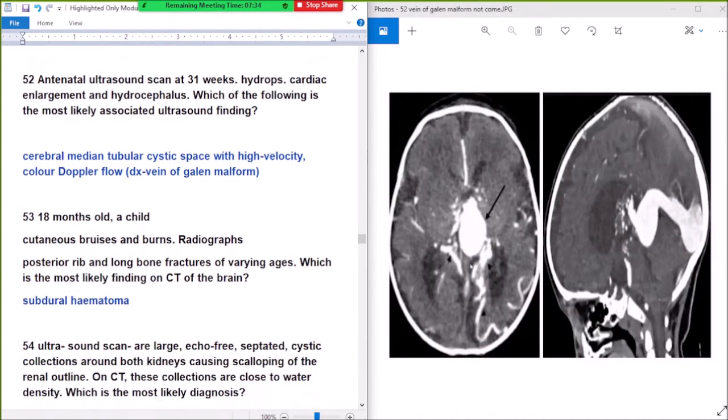This is number 52. Antenatal ultrasound at 31 weeks scan shows hydrops, cardiac enlargement, and hydrocephalus.